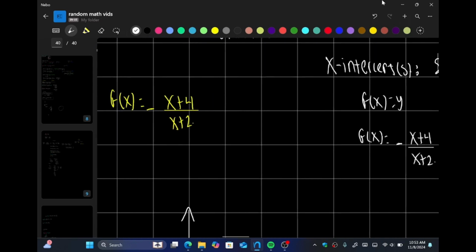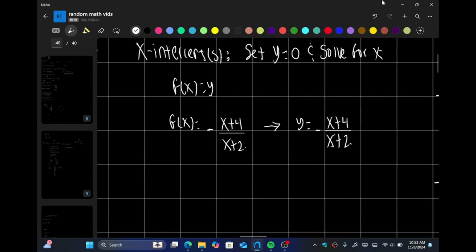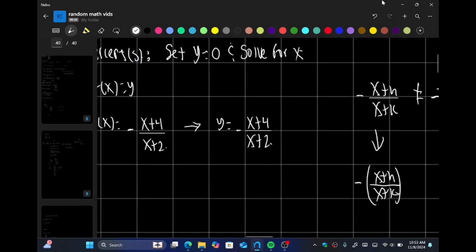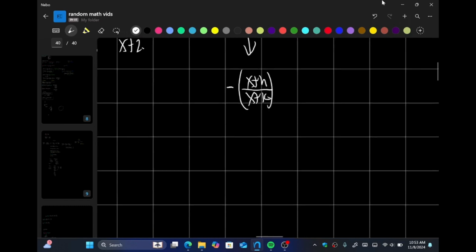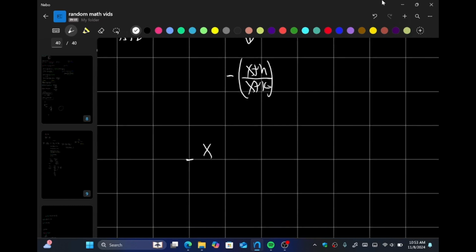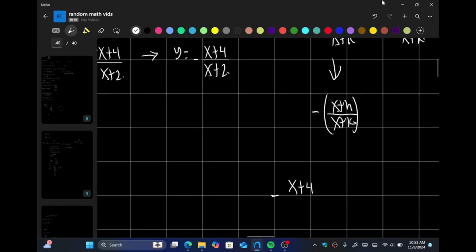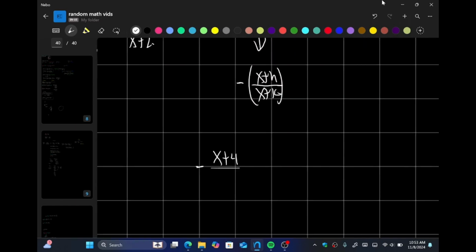So in this case, first of all, let's do our x-intercepts, okay? So we have negative x plus 4 over x plus 2 equals 0. The first thing you're going to do, number 1, multiply by negative 1 on both sides.